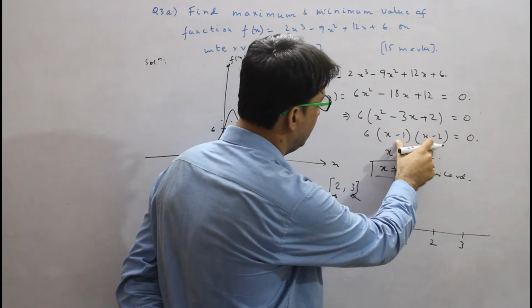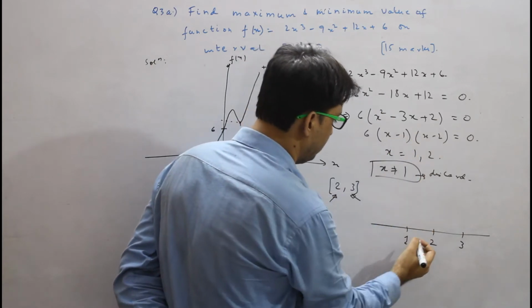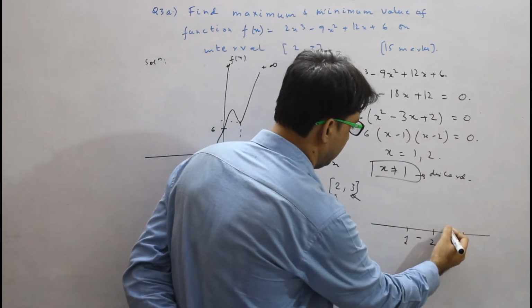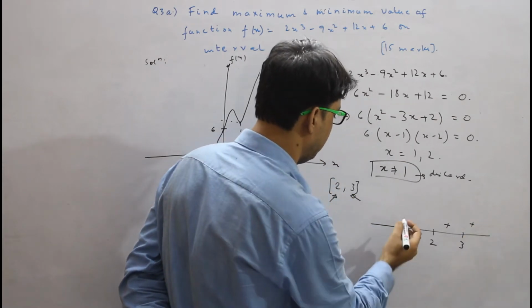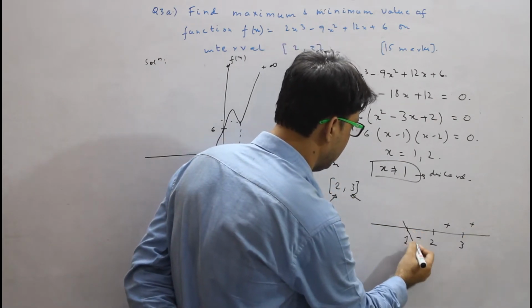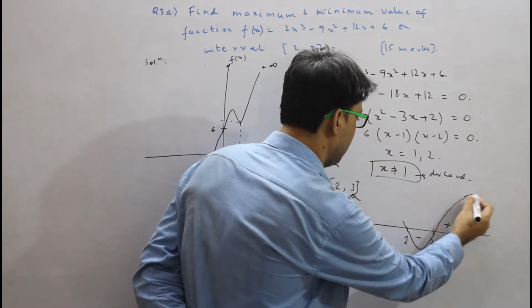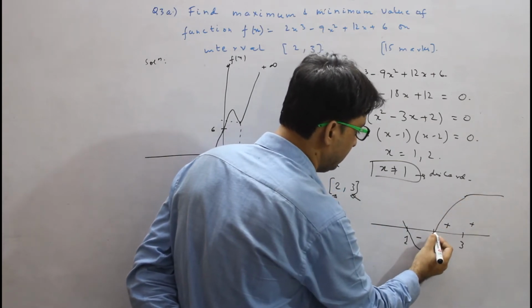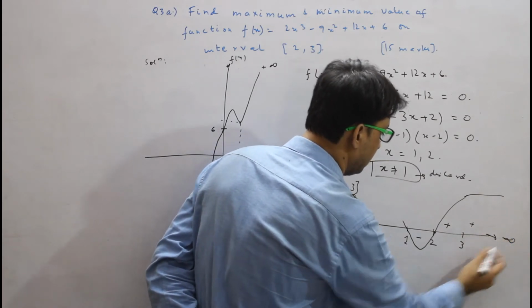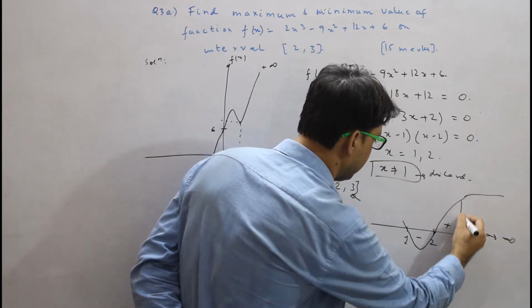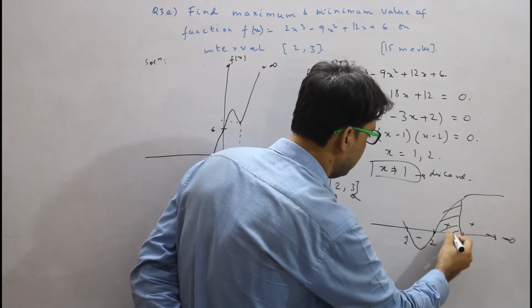What is the value? Between 1 and 2, the value is negative. Here positive. Here also positive. So what we get is that it is monotonically increasing from 2 towards infinity. But our concerned area is only this one.